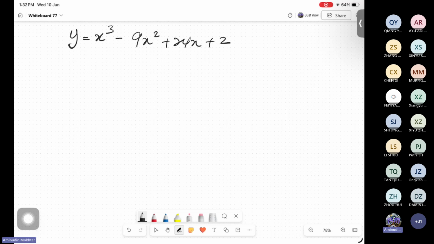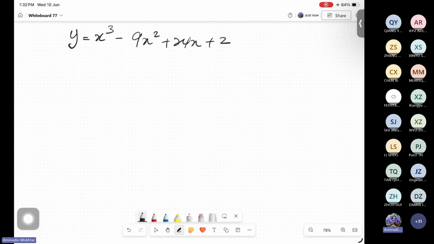Now I would like to determine where the function is increasing or decreasing. In other words, we need to determine the area where the function has a positive slope, or the area where the function has a negative slope.